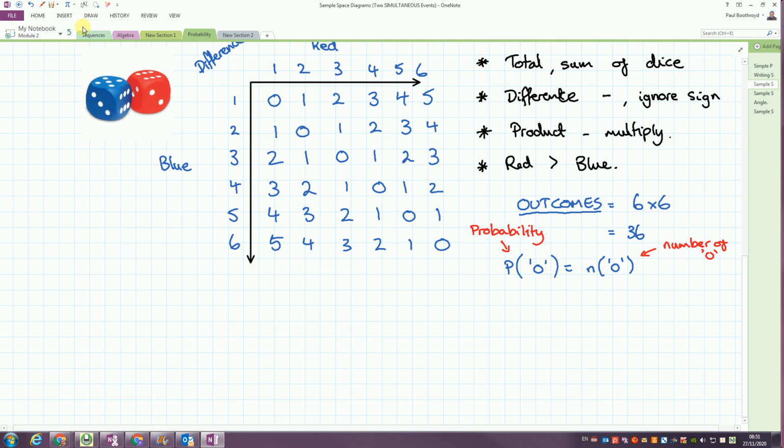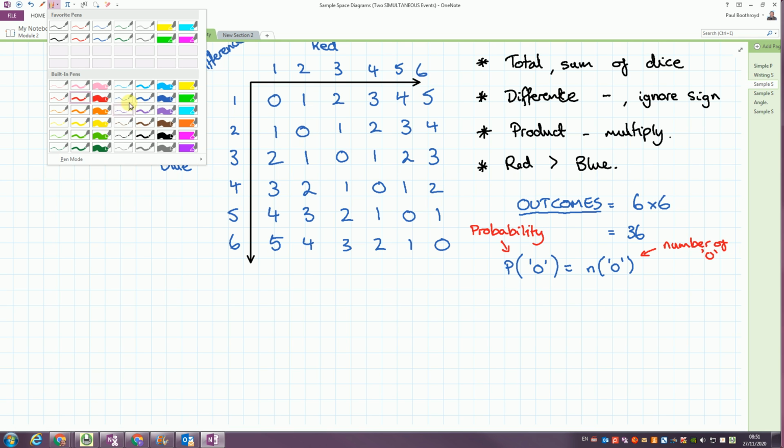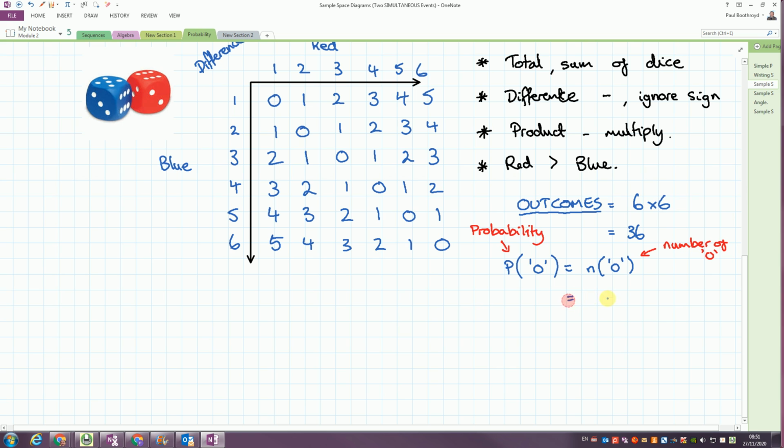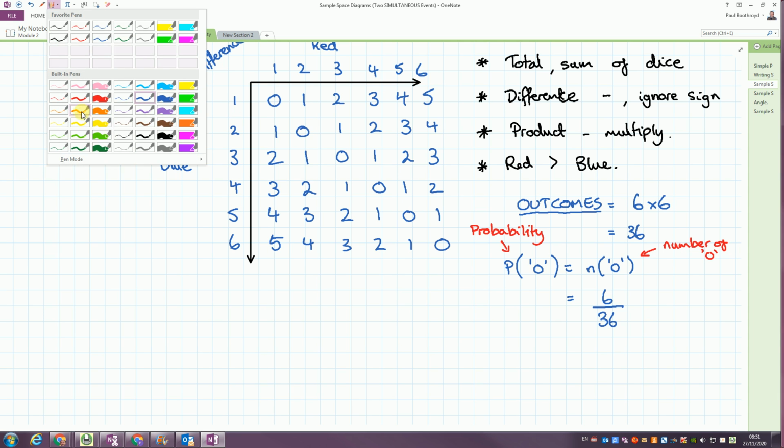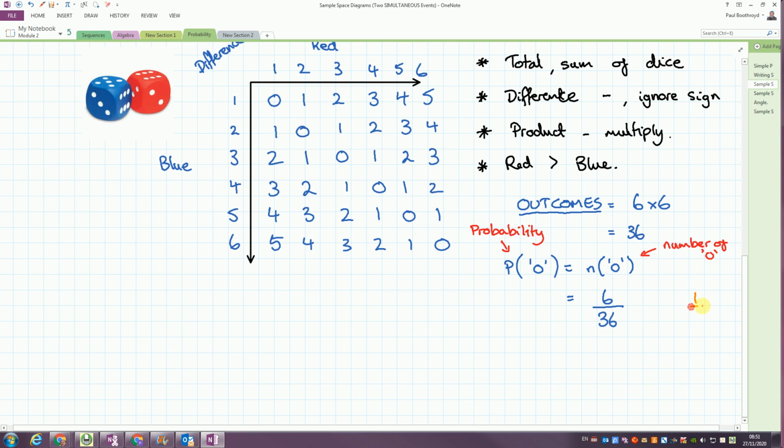Sorry, I'm just finishing writing the word notes on there. So we have 6. How many things could have happened altogether? Our number of outcomes, 36. So my probability of getting a 0 in this game, where I subtract 2 dice, is 6 out of 36, which would simplify down to 1 over 6 if you were asked to.